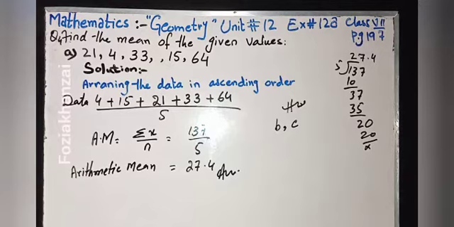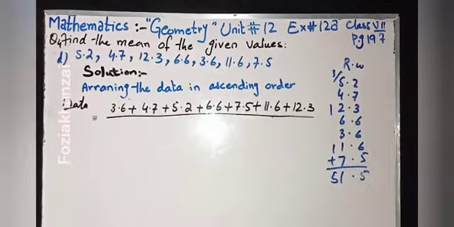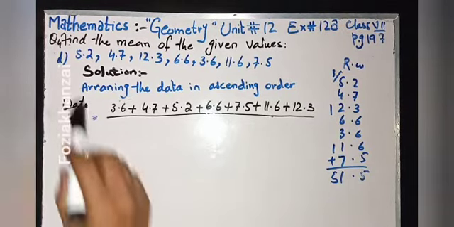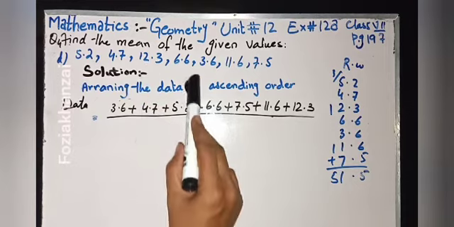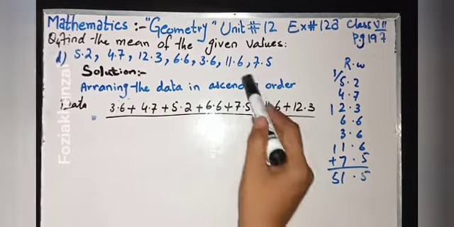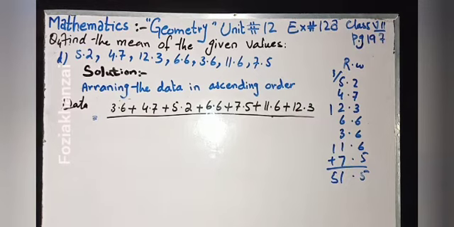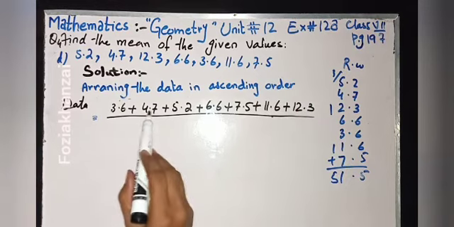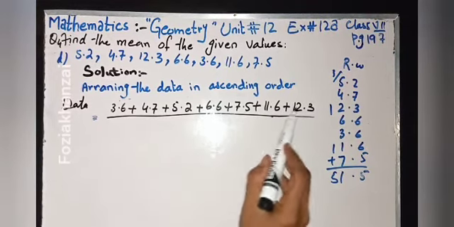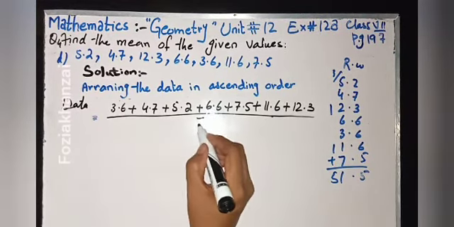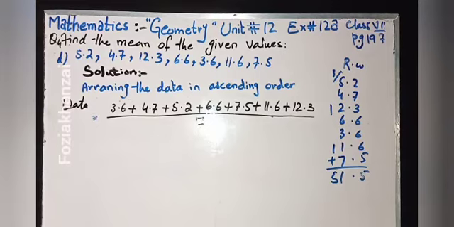Now I start D. Data is given in decimal form: 5.2, 4.7, 12.5, and the last one 7.5. So first arrange in ascending order. Now count the total number of data: 1, 2, 3, 4, 5, 6, 7. So total number of data is 7.